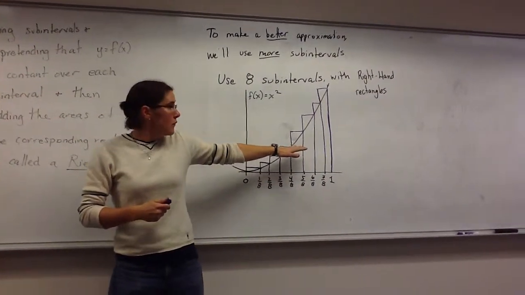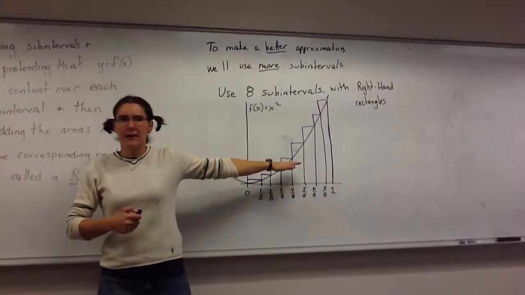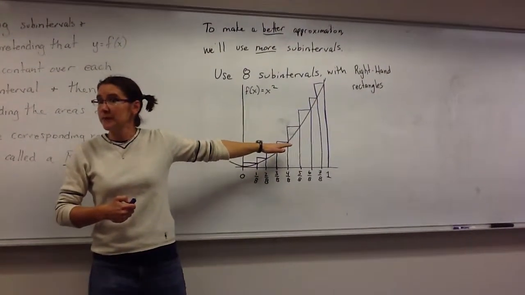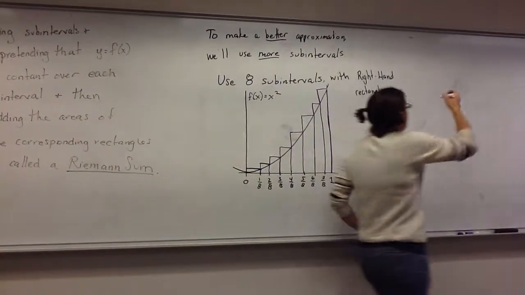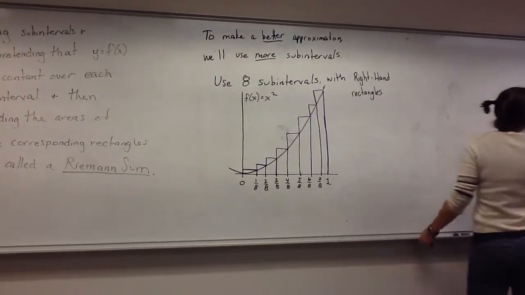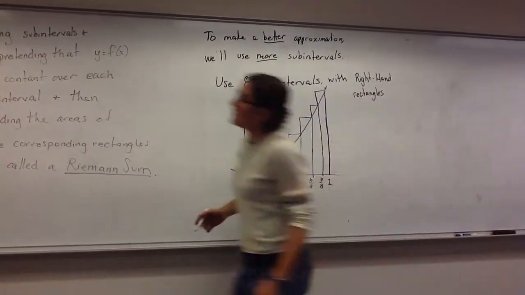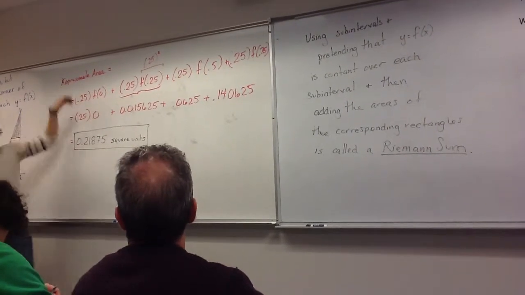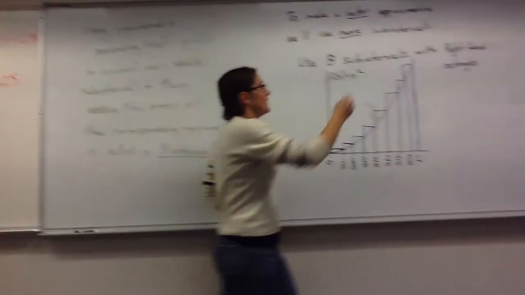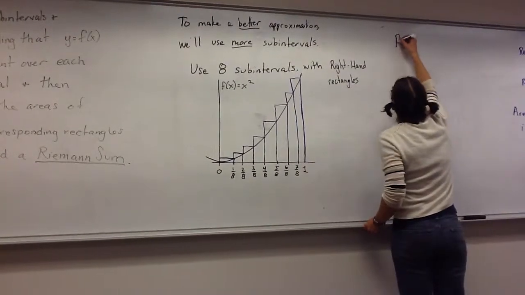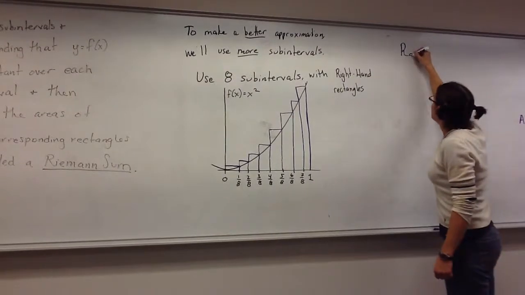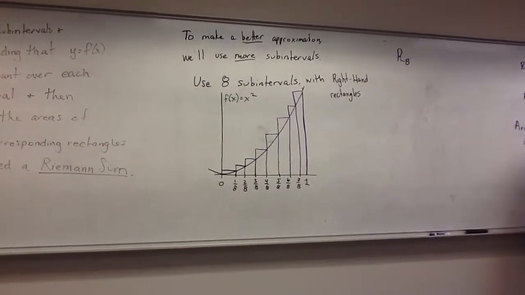Okay. So I want to encourage you to make that calculation. I'm going to write out the first line, but I'm not going to figure out the rest of the numbers. Rather than what I had written over here, which is approximate area using left corners and 4 rectangles, rather than writing out all those words, I'll write an R for right-hand rectangles with a subscript of 8, because I'm going to use 8 subintervals.